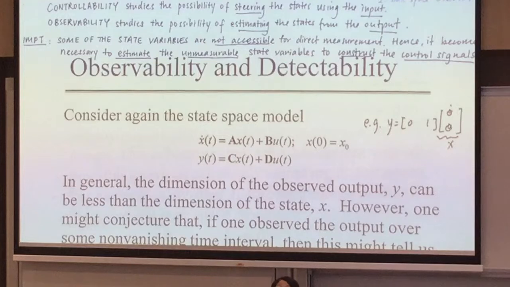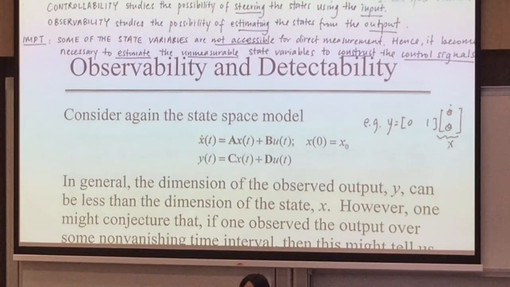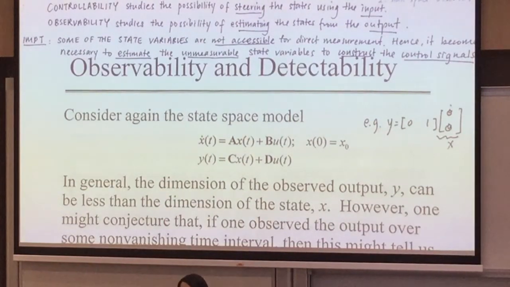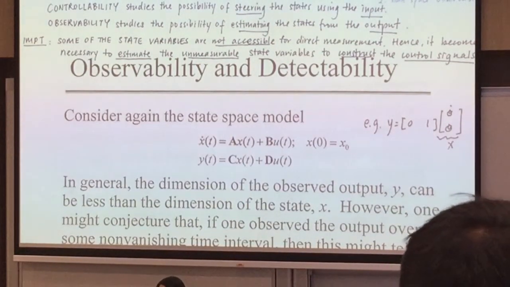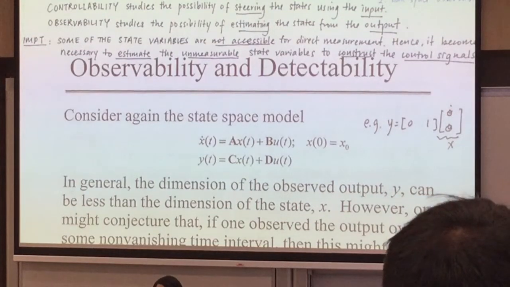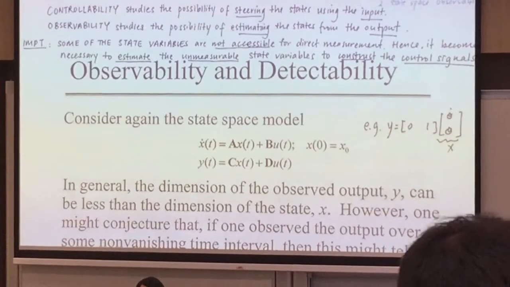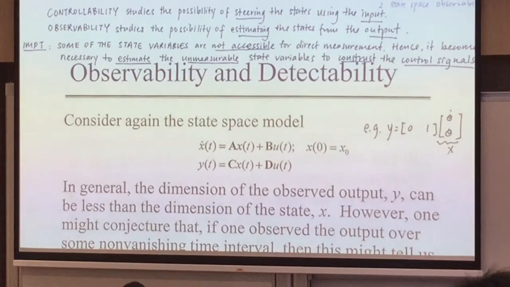Because some of the state variables are not accessible for direct measurement. If you are interested in temperature, of course temperature can be measured. If you are interested in the concentration of oxygen, unless you have a super robust oxygen sensor that will withstand high temperatures, maybe you cannot measure it.